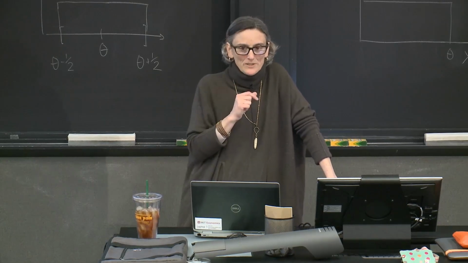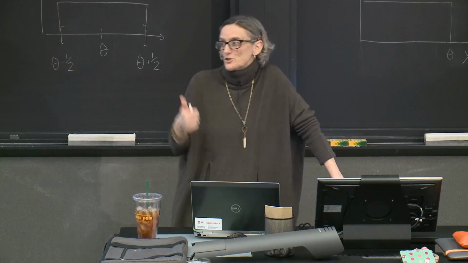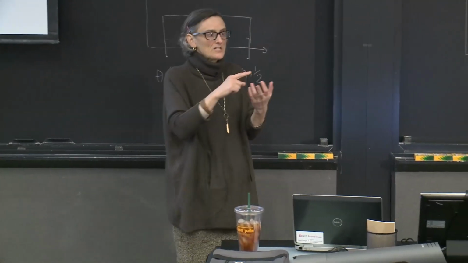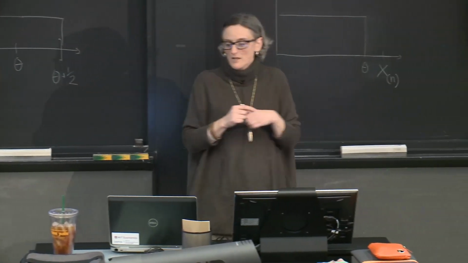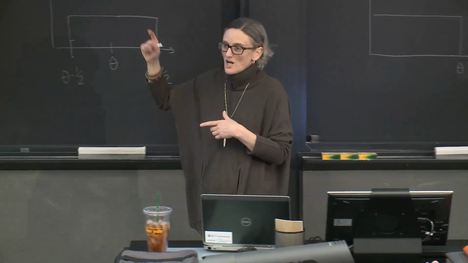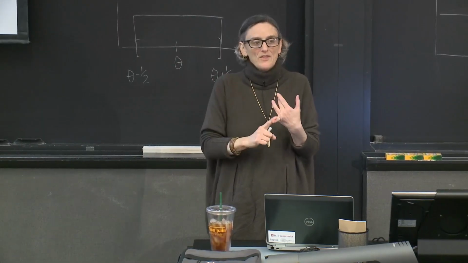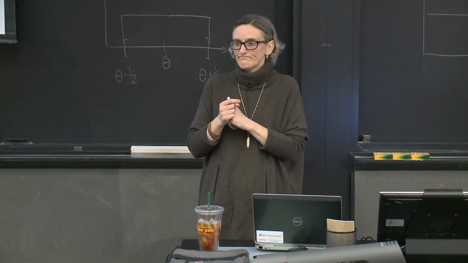The last two topics we covered were criteria for assessing estimators. So whether an estimator is unbiased, whether it's efficient, whether it's a minimum mean squared error estimator, whether it's consistent. And then we also talked about frameworks for deriving estimators, method of moments estimation, and maximum likelihood estimation. Okay?